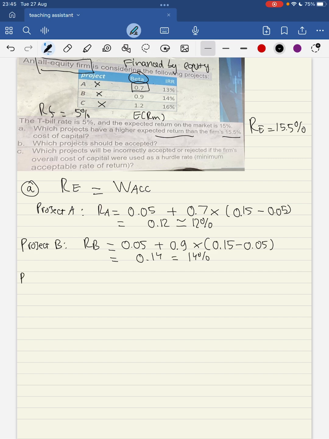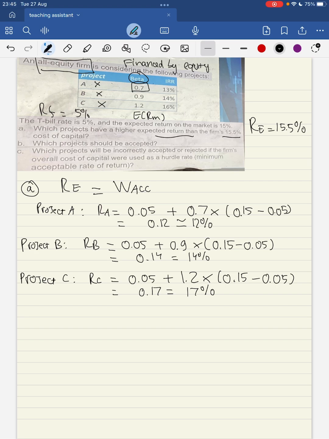Lastly, project C, RC will be equal to 0.05 plus the beta 1.2 times again 0.15 minus 0.05, and it's going to give us 0.17, which is equal to 17%.